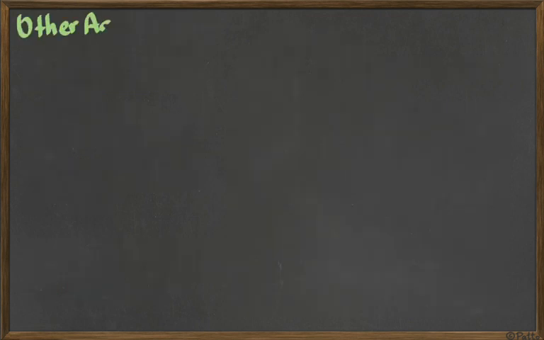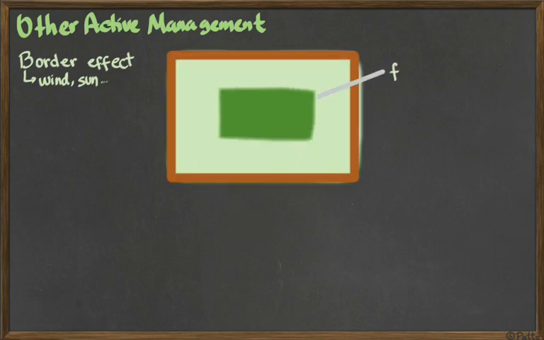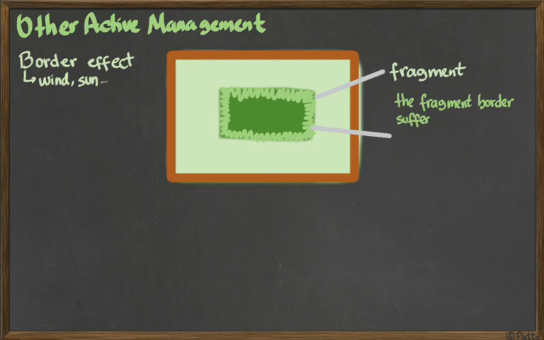Okay? Other active management that we could do related to preserves is to pay attention to the border effects. If you cut a patch, so this here in the middle is representing a little forest, and if you cut that little forest, the border of the fragment will suffer invasion from pioneer species, will be in a succession mode, because when you cut the forest on the sides of the border, more light enters.